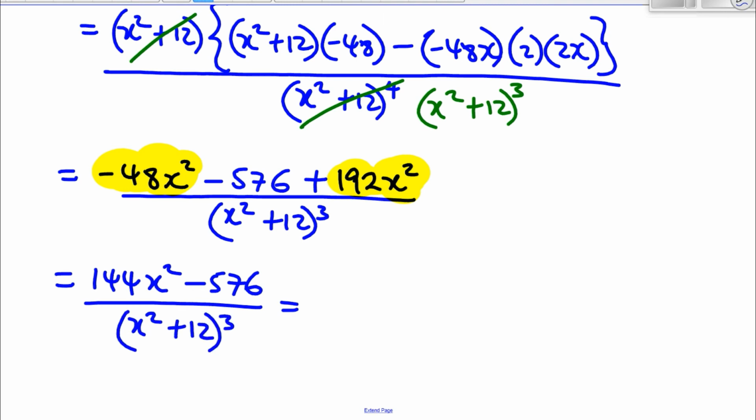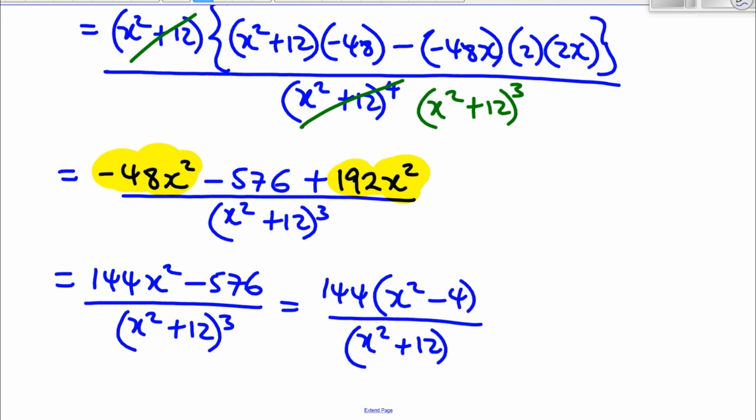Now you can go ahead and factorize out 144. So you'll end up with x squared minus 4 over x squared plus 12 cubed. All right, so that's done.